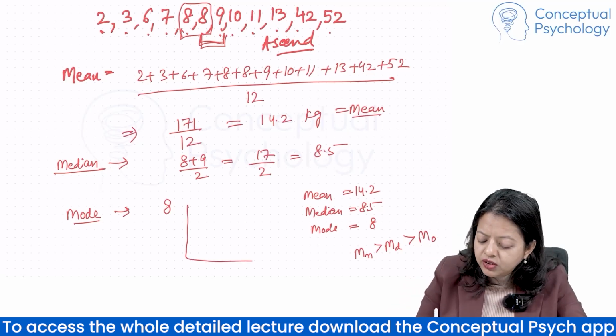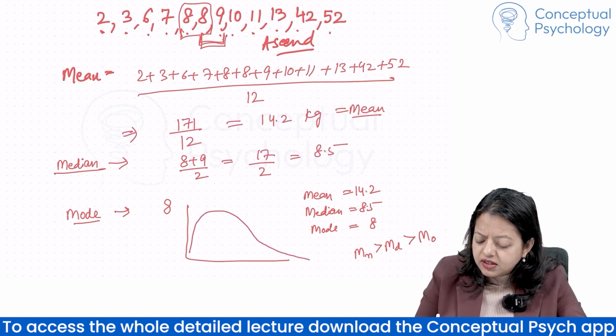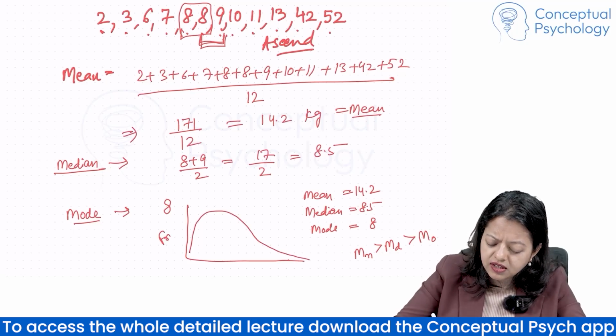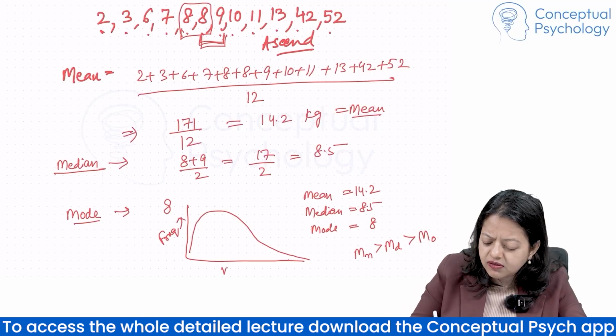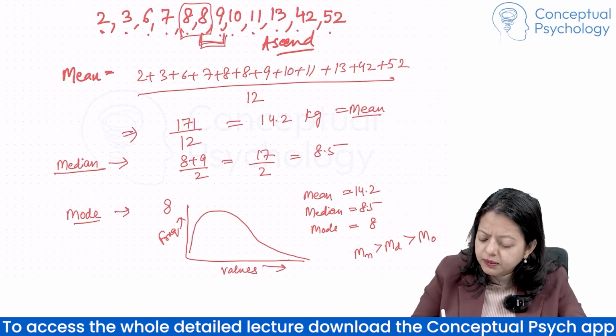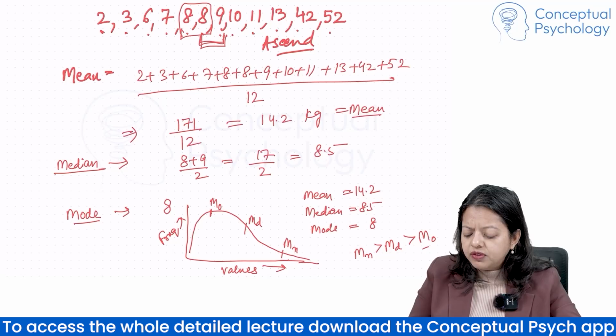So if we plot it on a graph, it should be like this. This is frequency and these are the values. Because mode is the most frequently occurring, this is mode and the value is also less. Then median should be here and mean should be here. So this type of graph which has a tail towards the right is called right-skewed data.